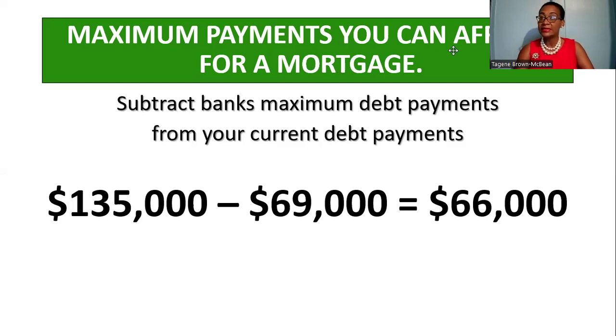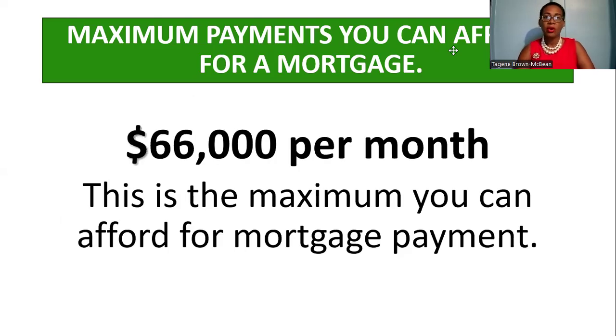Subtract the 69,000 that you currently have for your total loans as a monthly payment. And what we're left with is 66,000 per month. All right, so this 66,000 represents your maximum payment that you can afford for a mortgage.